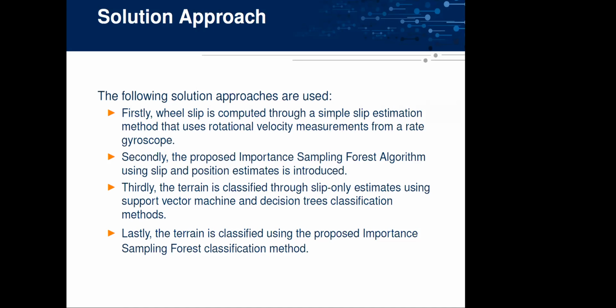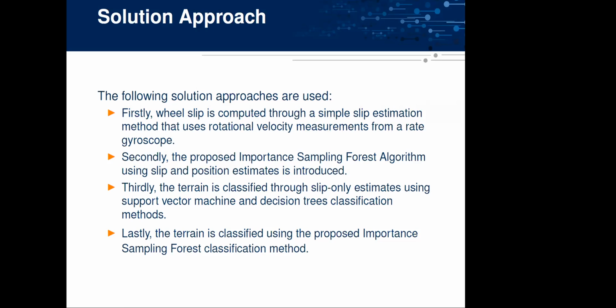So we wanted to keep the method cost effective. Secondly, we proposed an importance sampling forest algorithm. This algorithm infuses random forests or decision trees and importance sampling together.